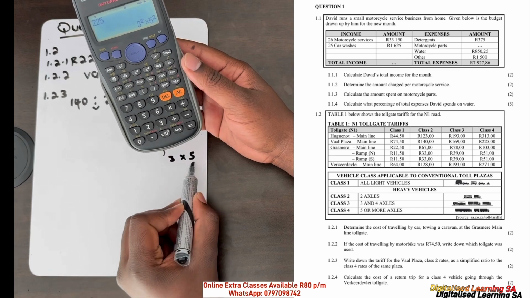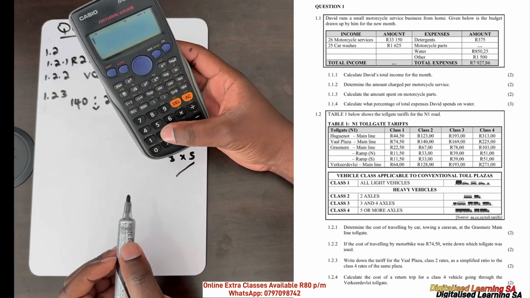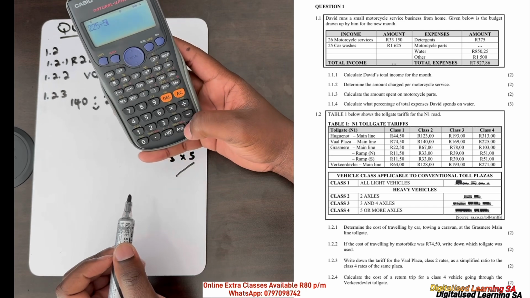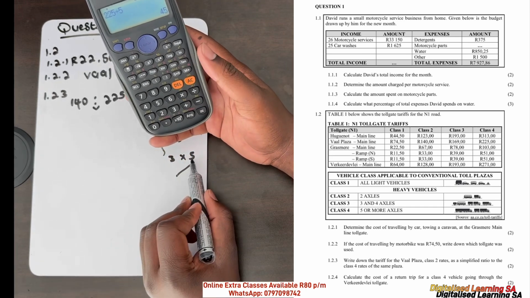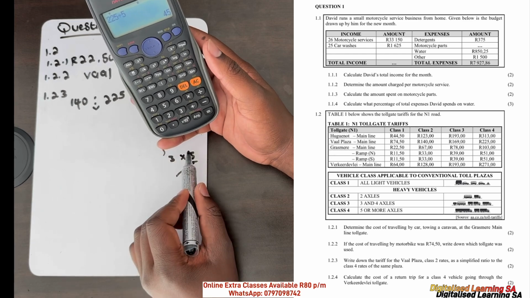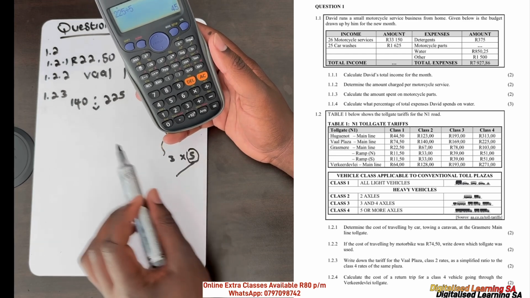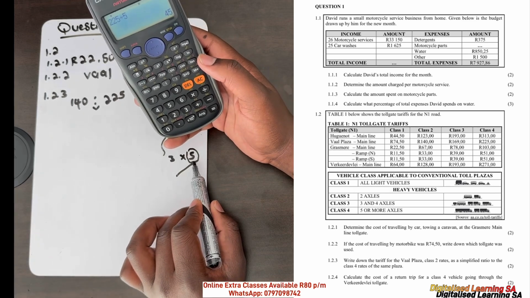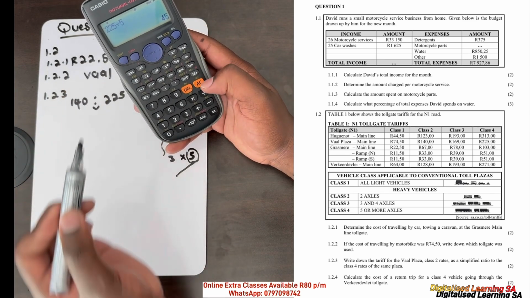So if we take this 5, if we come and say 225 divided by 5, we can see that 5 is also a factor of 225. Okay, so we can see that 5 is also a factor of 225.